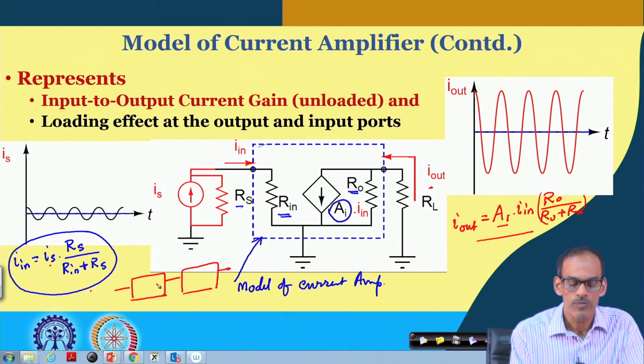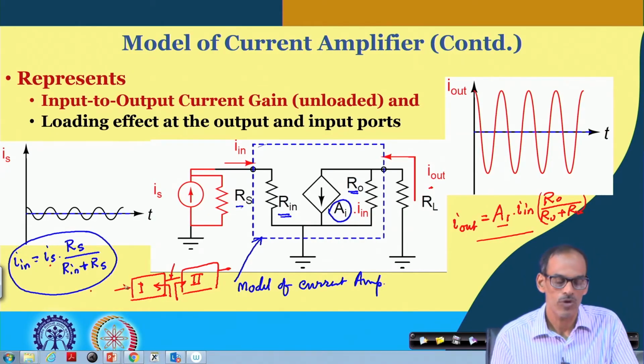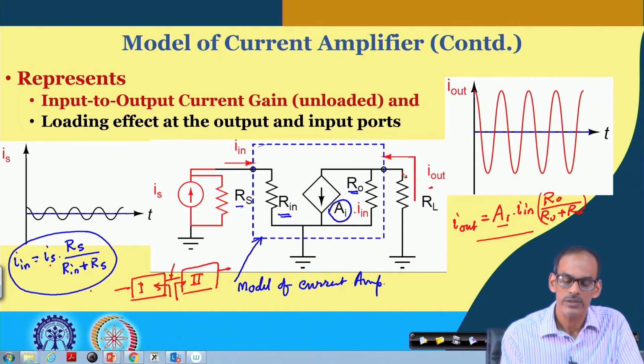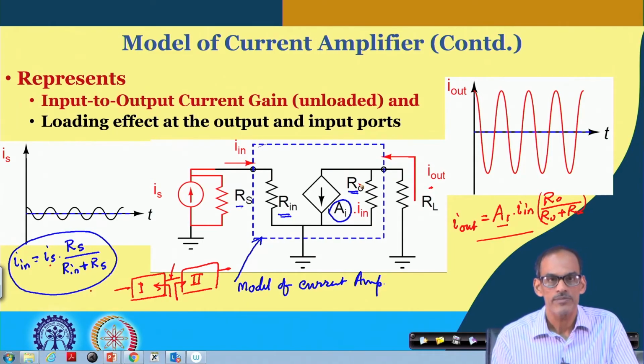The output port parameter of the first stage along with the input port parameter of the next stage together produce one loading effect. Everywhere we connect one stage to another, feed the signal, or connect the load, we have a loading effect, and R_in and R_o play an important role in capturing it. So, that is about the current amplifier.